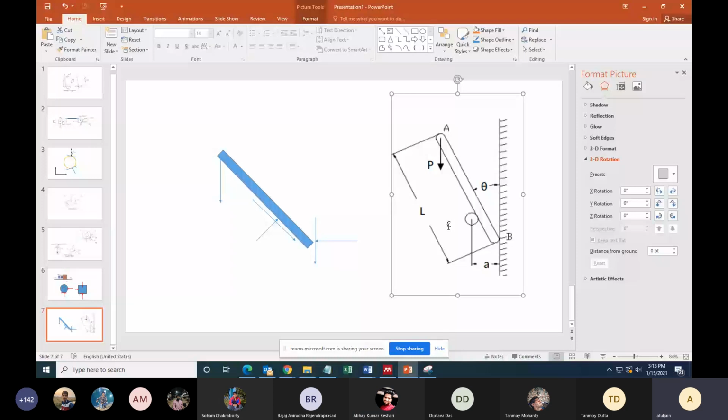You will get A by L in terms of force P and some normal. And then you will calculate Fx is 0, Fy is 0, get the answer. Okay? Anybody, this is, I think, straightforward.